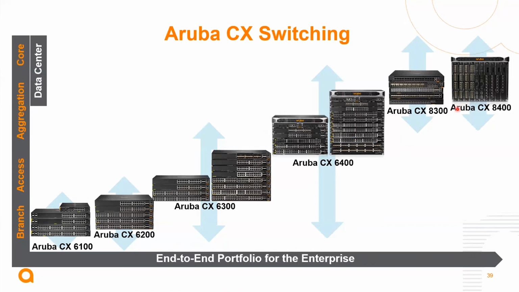For example, you may want to use the 8300 and 8400 in your core network, which is possible because nowadays you may want high switching bandwidth or capacity because you're using the network for surveillance. So it can be used for campus or for the data center.